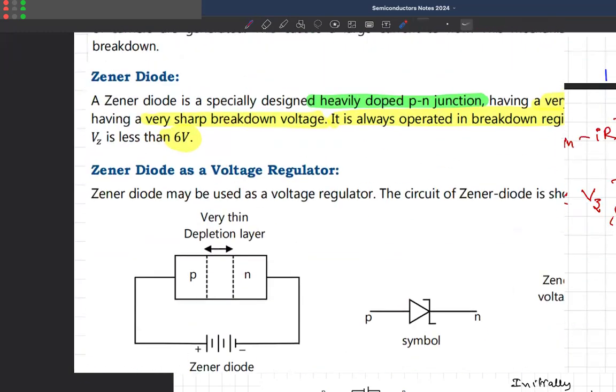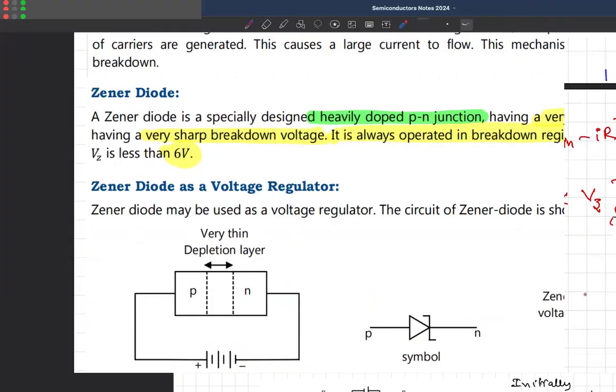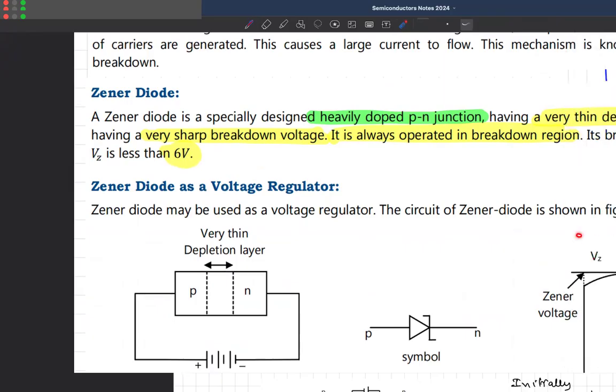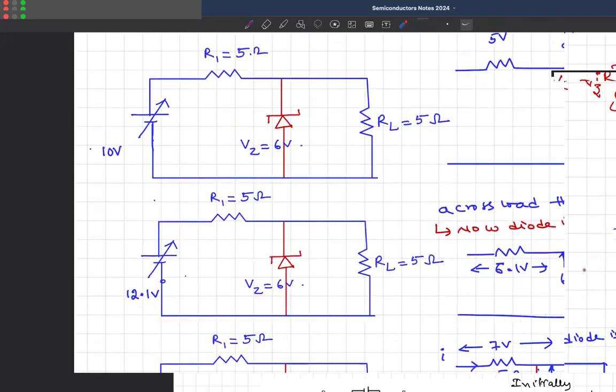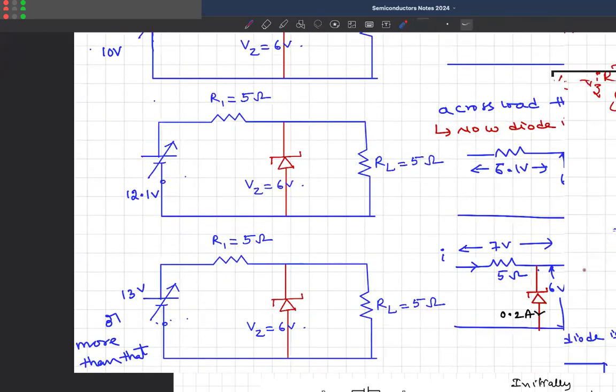Don't forget, this is the reason. You cannot apply anything beyond this. Now tell me, on Zener diode, have you understood the fundamentals properly? Boys and girls?